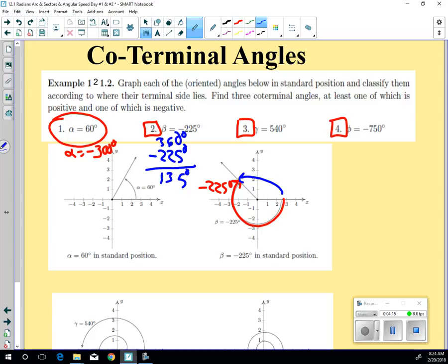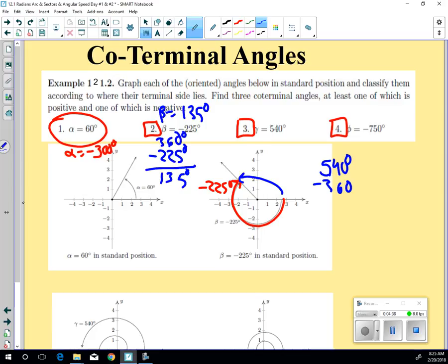That sounds about right. So you can either have beta equal to negative 225 or positive 135. How many got that? 135? Good. So what did you do, Garrett, for this 3? You have 540. What should you do with 540? Well, yeah. Just subtract 360, because it's going to be one loop, right?